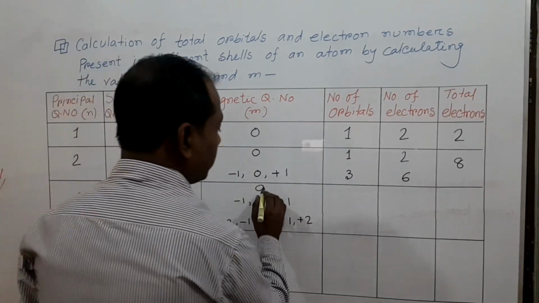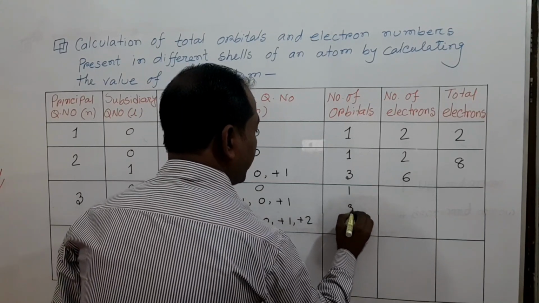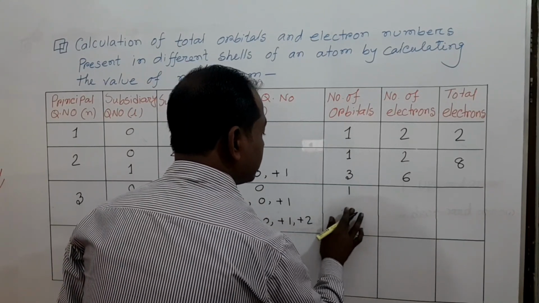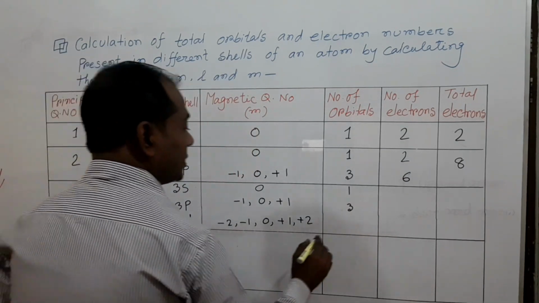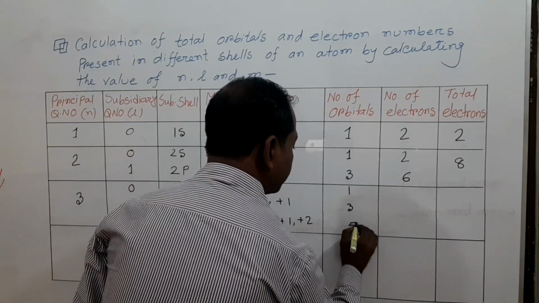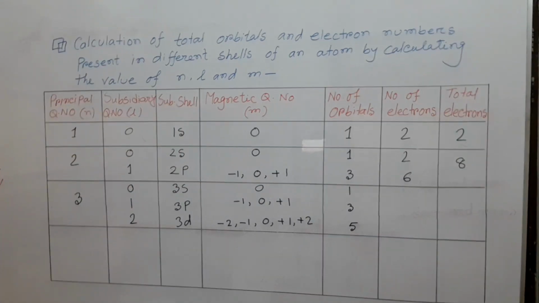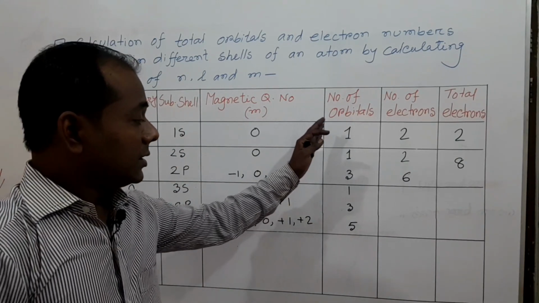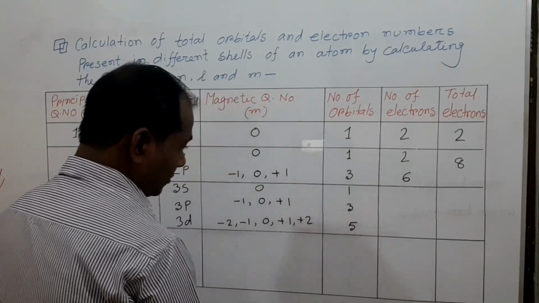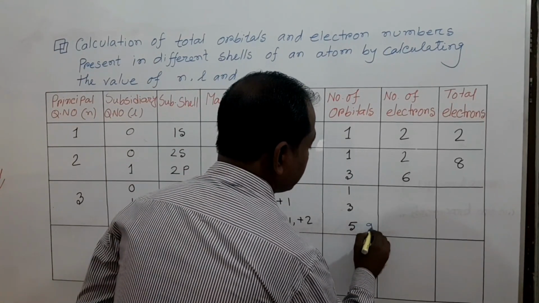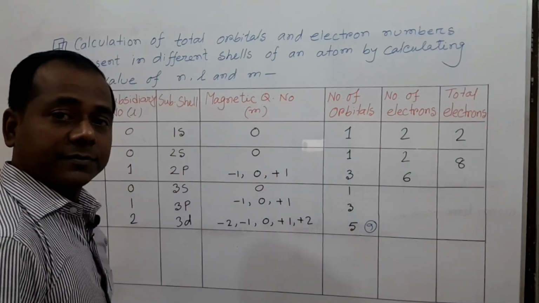So here we get 1, 3, and for 3d orbital we get 5 orientation. So the number of orbital present in third shell equal to 9, total 9.